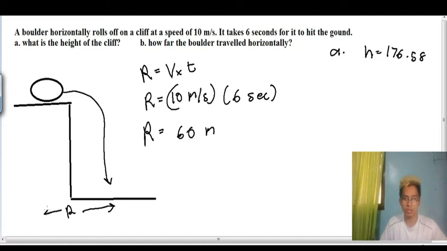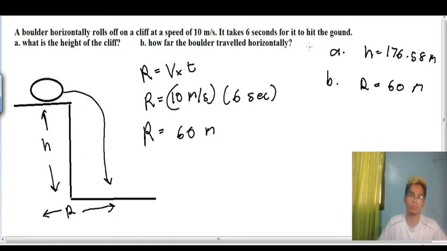It is 60 meters. And the height, which is from the top to the ground, is 176.58 meters. So the final answer is the height is 176.58 meters and the range is 60 meters.